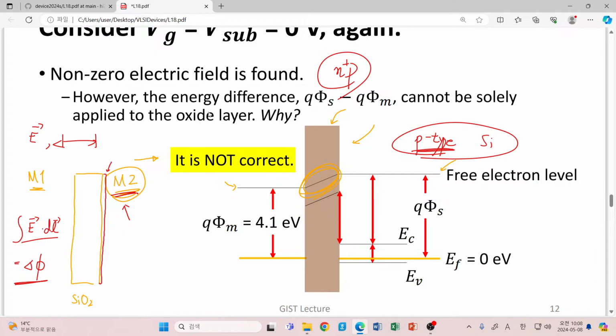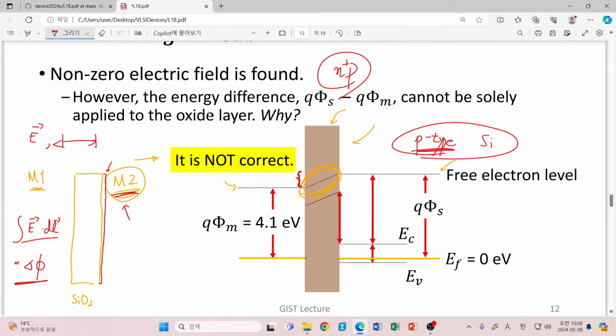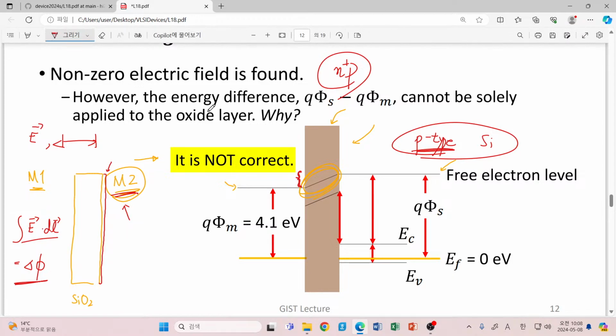So simply speaking, since silicon is not a metal, and since it requires a certain length to neutralize the incoming electric field, it must consume a certain potential. So this energy difference, or in other words, potential difference, cannot be consumed only by this oxide layer.